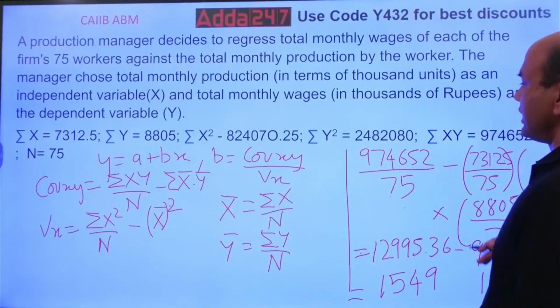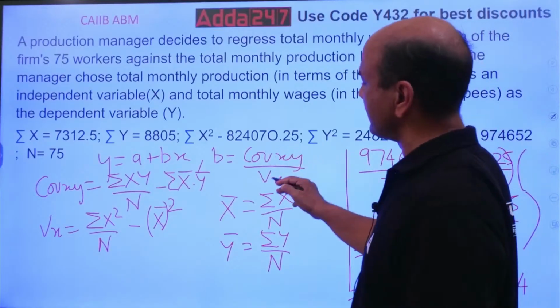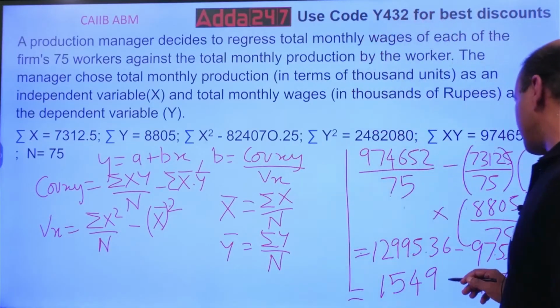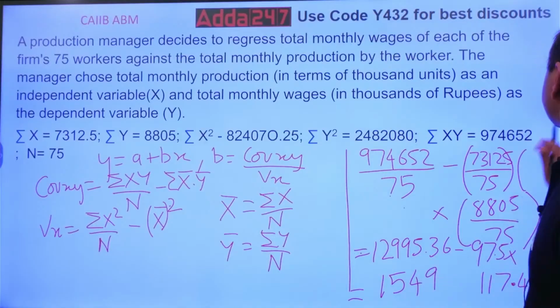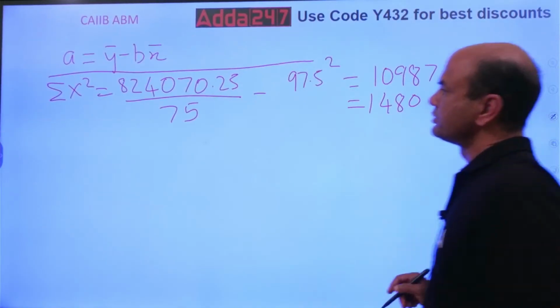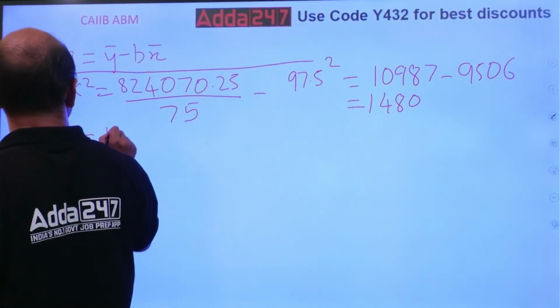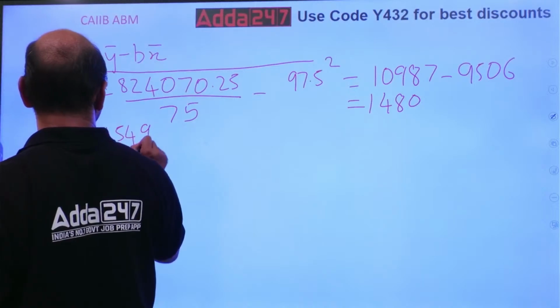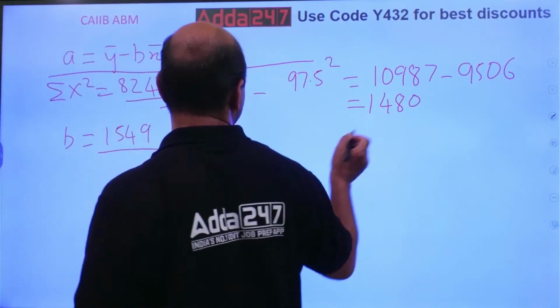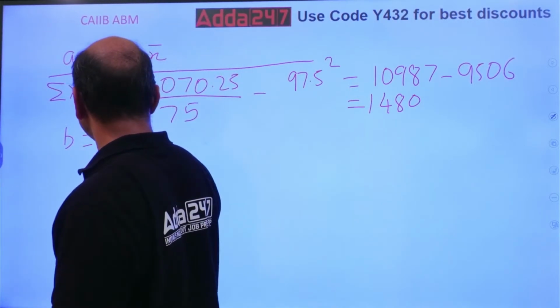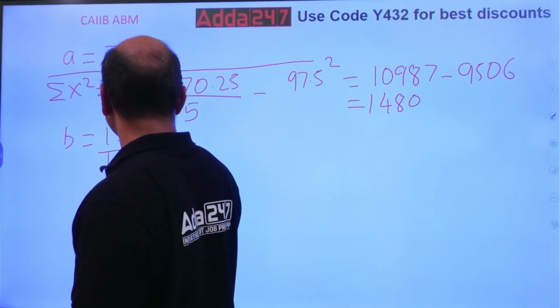So now what? B equals covariance of xy upon variance x. Both the figures you are having: 1549 covariance of xy upon variance of x, 1480. Do it.